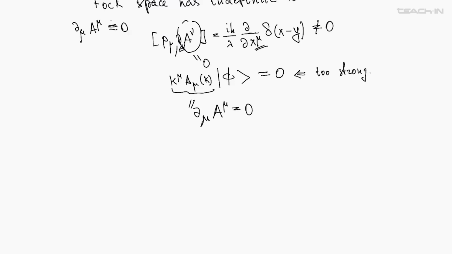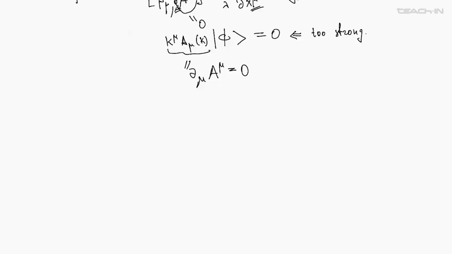And then comes an idea due to two people, Gupta and Bleuler. The idea is to impose a weaker condition on states.